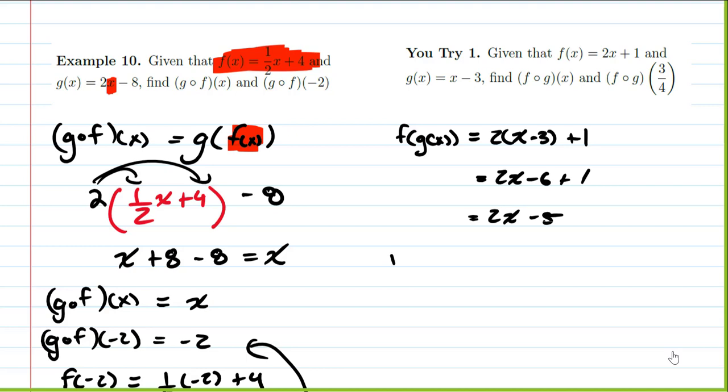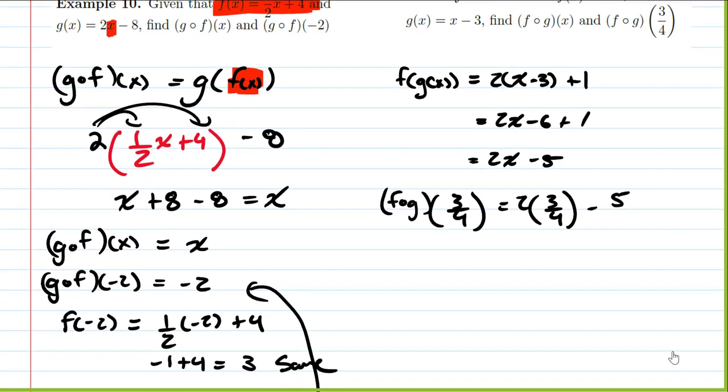So then f circle g of 3/4 is going to be 2 times 3/4 take away 5. So 2 times 3/4 is 3/2, and turning 5 into a fraction with a denominator of 2 is 10 over 2, so we get negative 7 over 2.